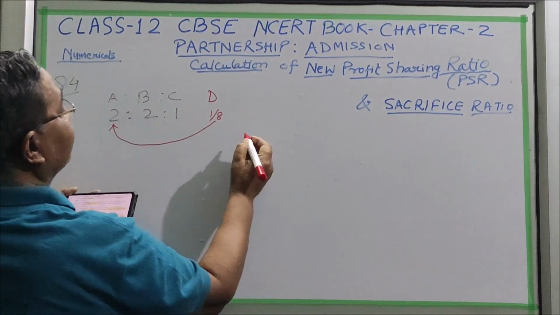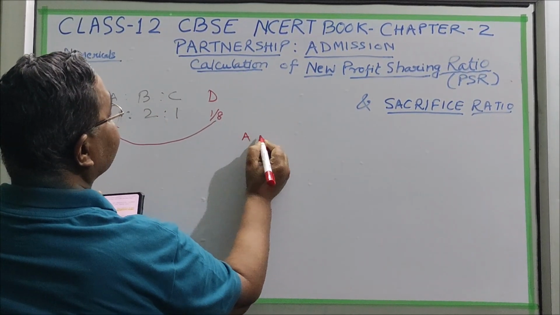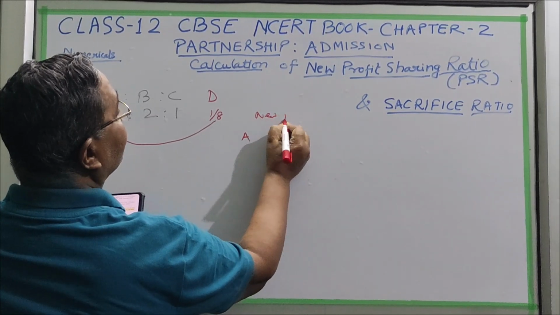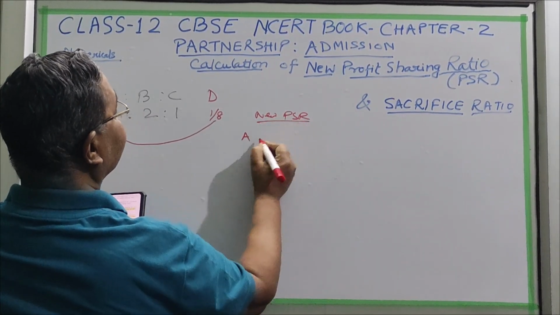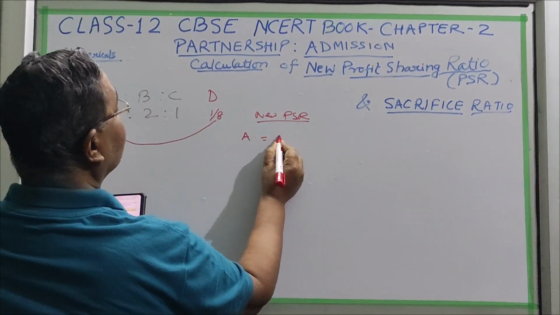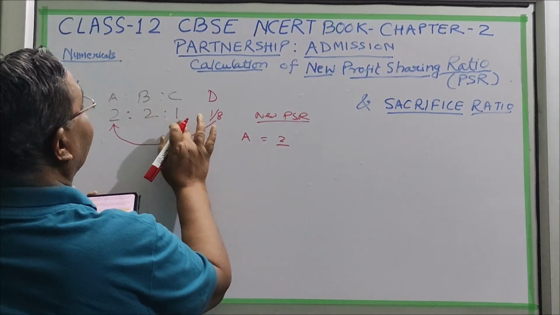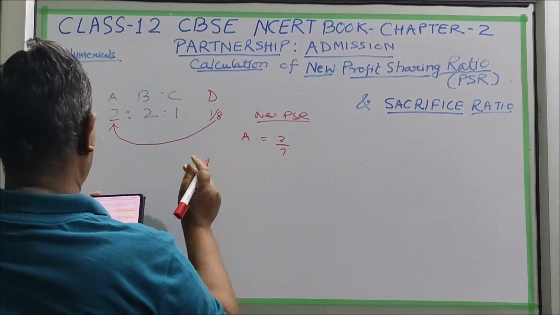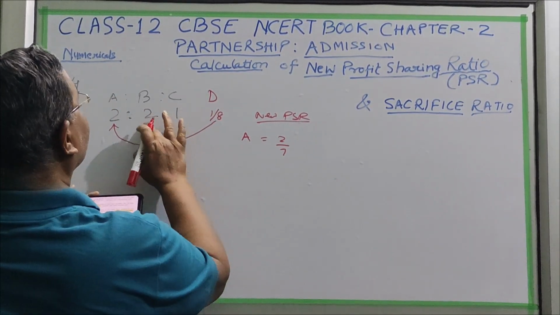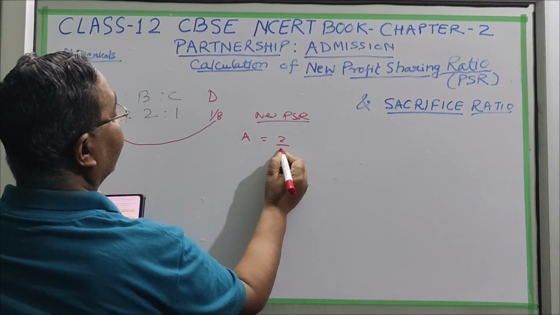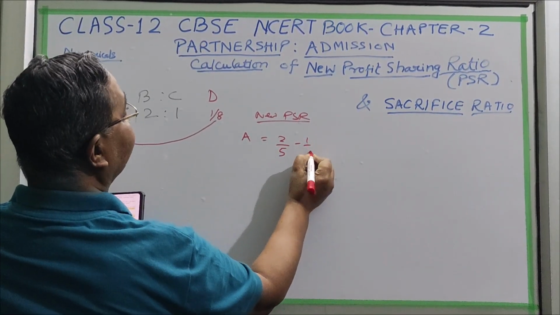So A's new PSR: new PSR of A is equal to 2 upon 5, minus 1 by 8.